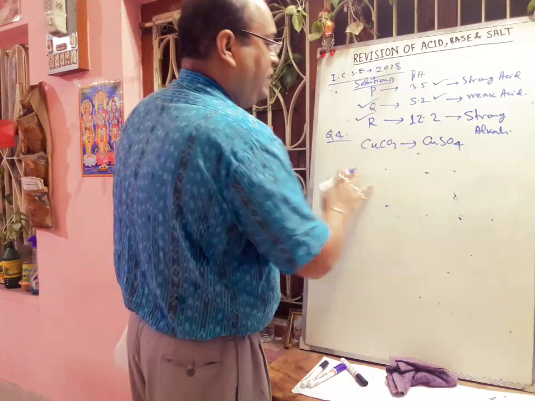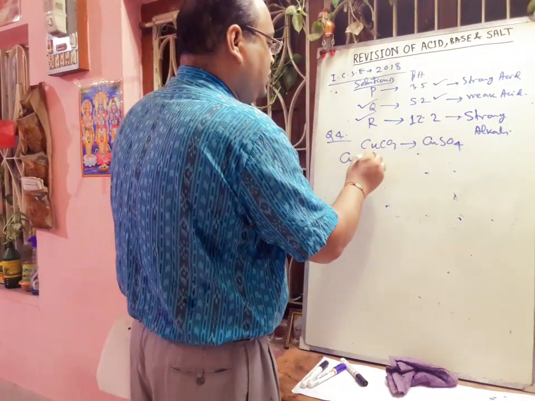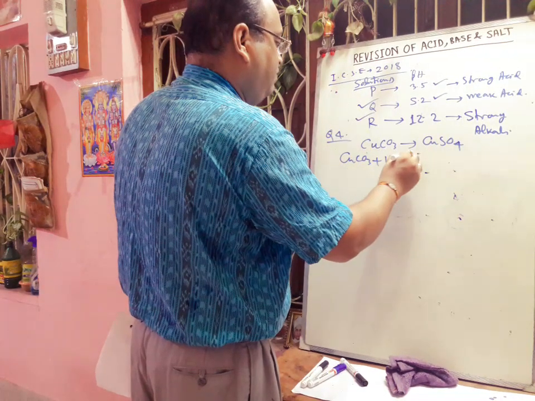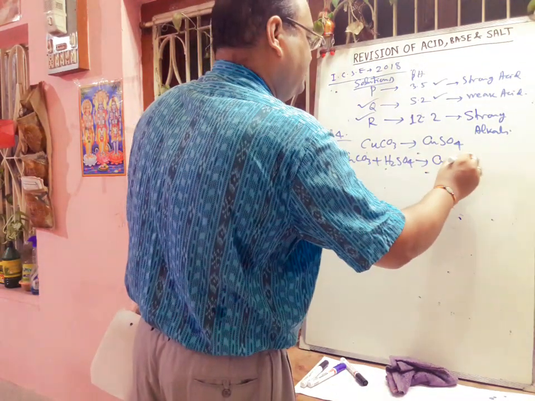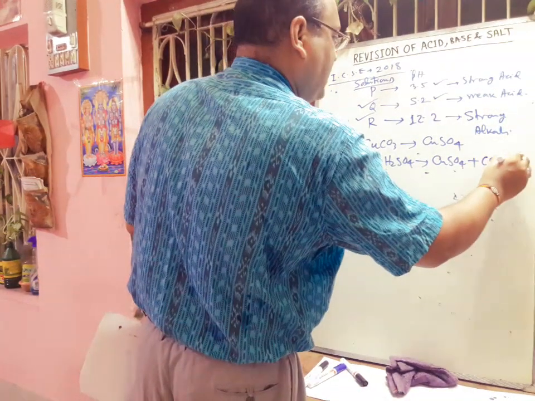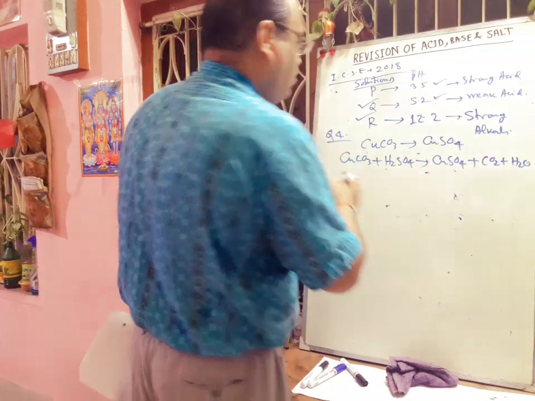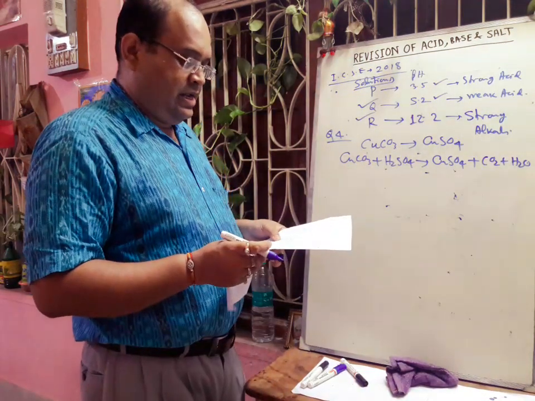How to prepare? If we add sulfuric acid, CuCO3 plus H2SO4, then there will be formation of copper sulfate plus carbon dioxide gas plus H2O. So from copper carbonate we can easily prepare copper sulfate.